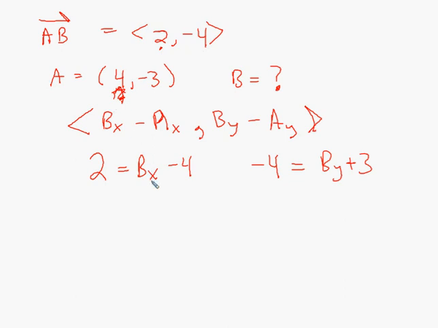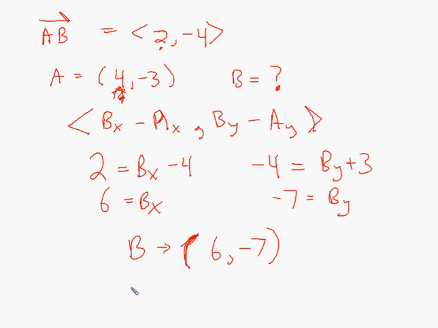So I said, well, I subtracted 4 from something, and I added 3 to something. So my terminal point was 6, negative 7. That's point B. So your book calls this the initial point, and this the terminal point, which means end. It's the same thing, initial, start.